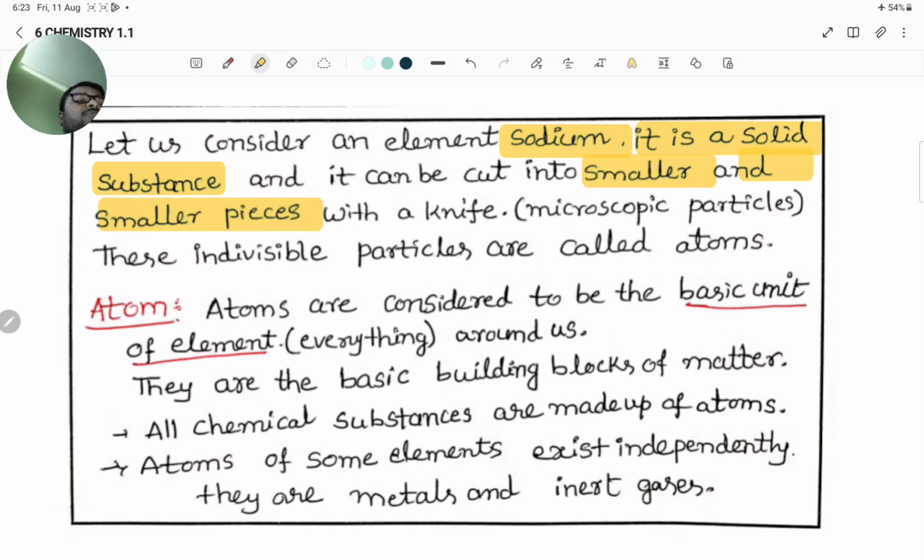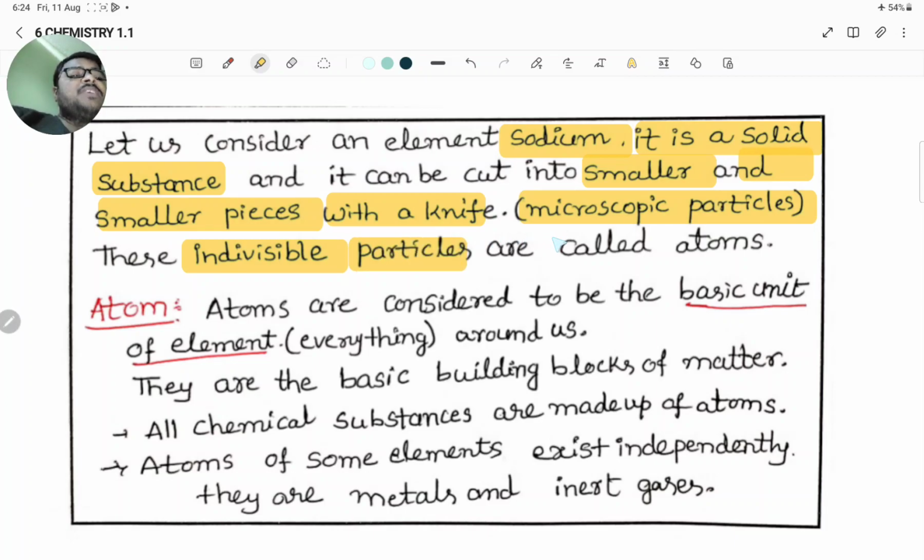When you take sodium metal, you cut it with a knife into very small, microscopic particles. The smallest particles of an element are indivisible.